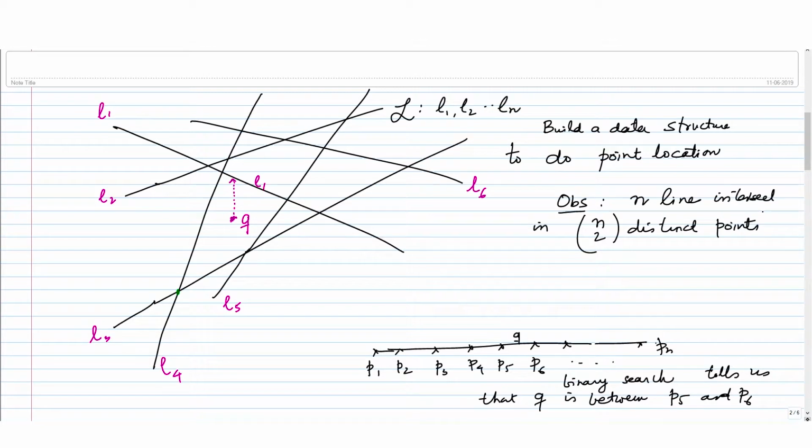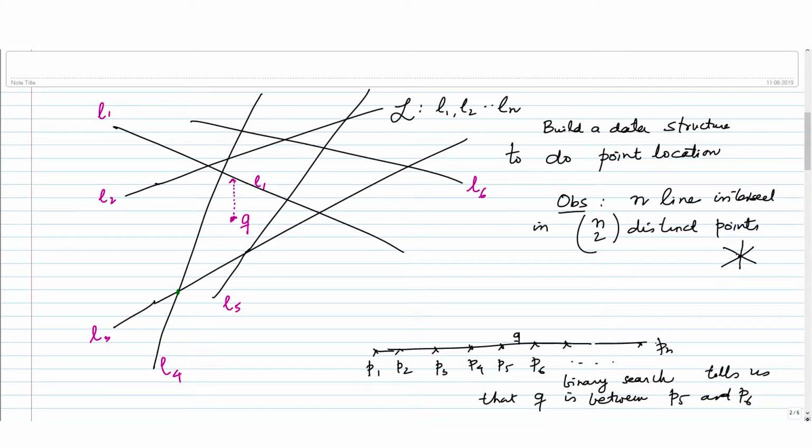Now, you may question this: what if I have a situation like three lines passing through the same point? Then this n choose 2 will not hold, right? It will be less than n choose 2.